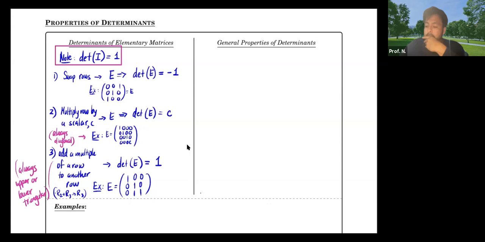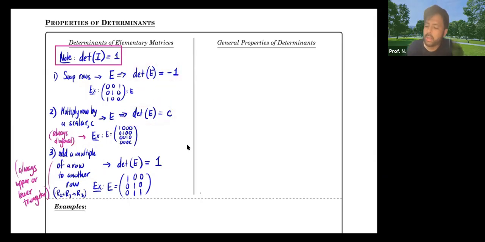But what do we come away with from this? The operations that we can apply to matrices, either swapping rows, multiplying one row by a scalar, or adding a multiple of one row to another row, have certain effects. They affect the determinant.